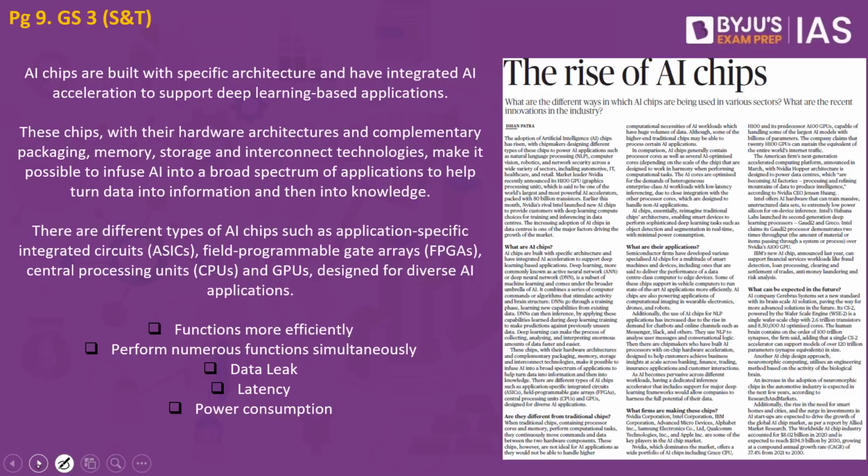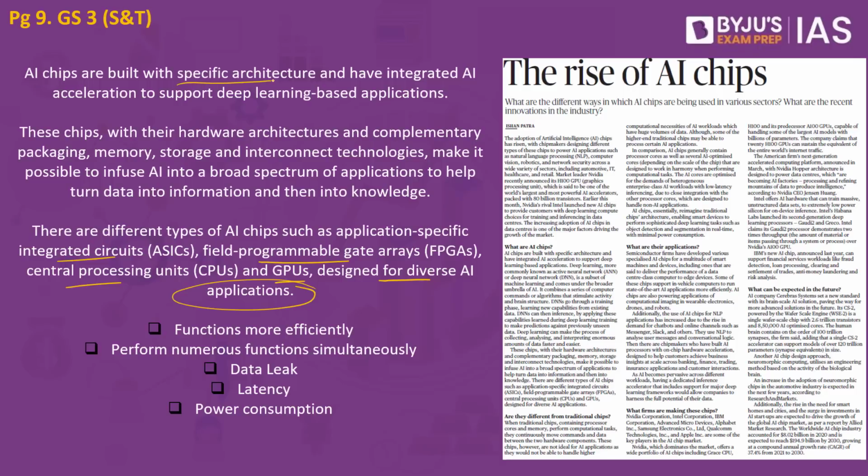Basically, we have the AI chips which make use of application specific integrated circuits, field programmable gate arrays, central processing units and GPUs designed for diverse AI applications. When we speak about AI chips, they are totally different from the conventional chips. The AI chips are built with a specific architecture.